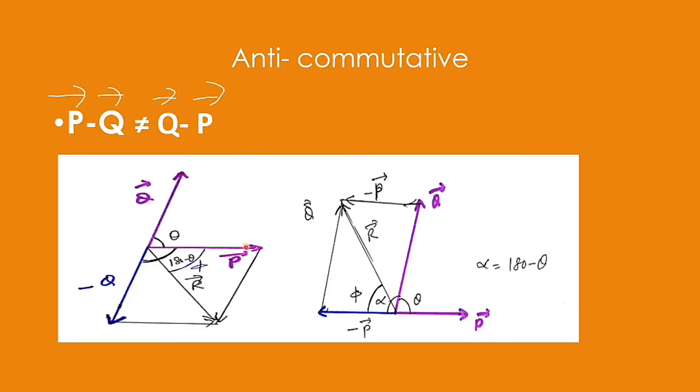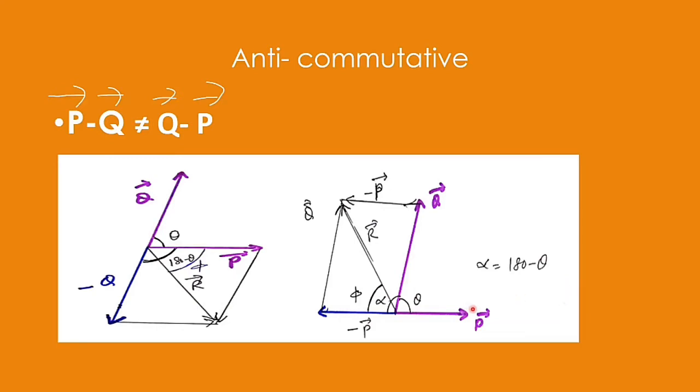If I take p minus q, I am getting the resultant in this way. But if I take q minus p, my resultant is coming in this direction. Though you have observed the magnitude of the resultant in both cases is coming out the same, even the magnitude of the angle alpha is the same, angle phi is the same, but then you can see the diagrams are different, so directions are different.